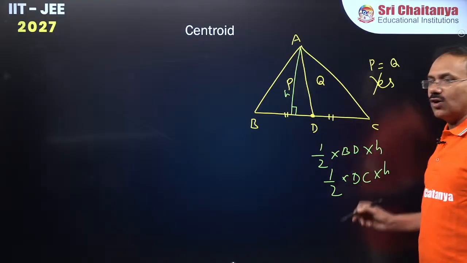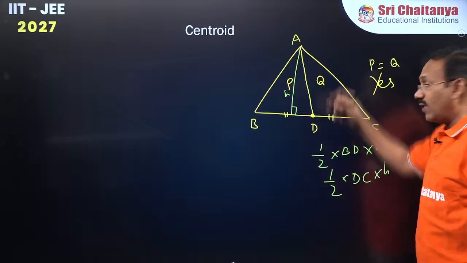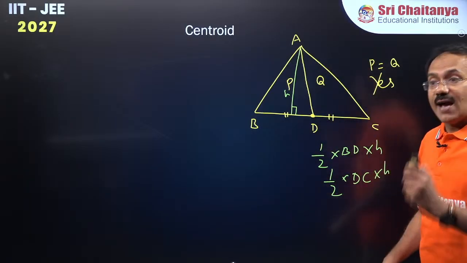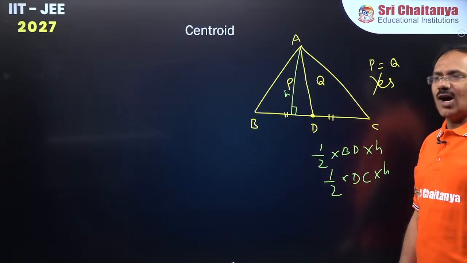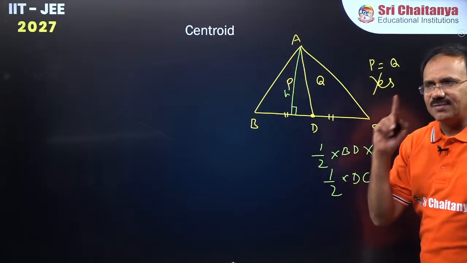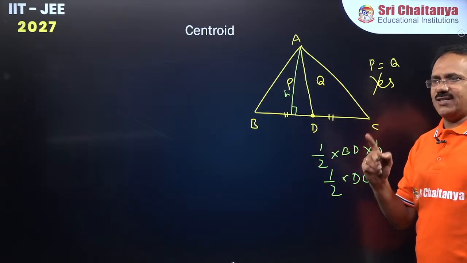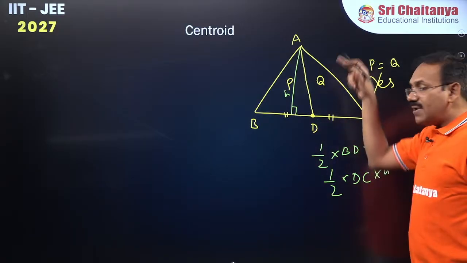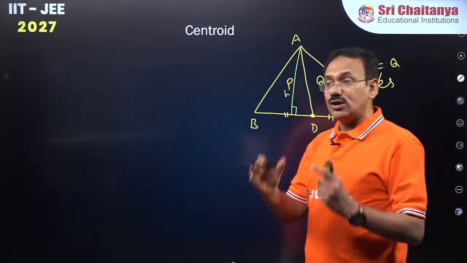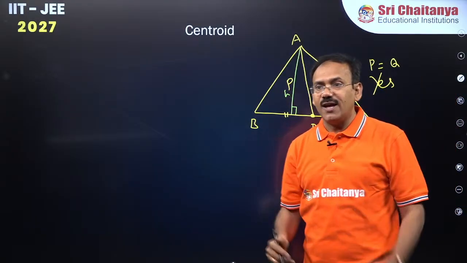Here BD is equal to DC, bases are equal, height is the same, so they will have equal area. Got it, everyone? So a median divides a triangle into two triangles of equal area.